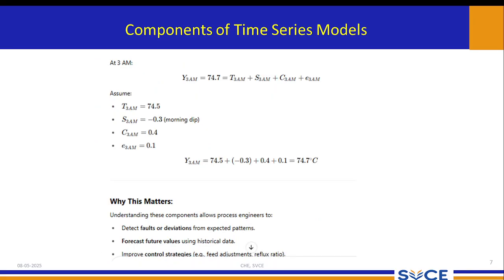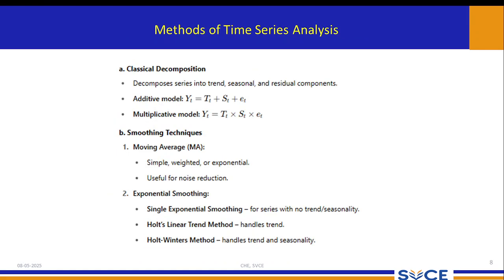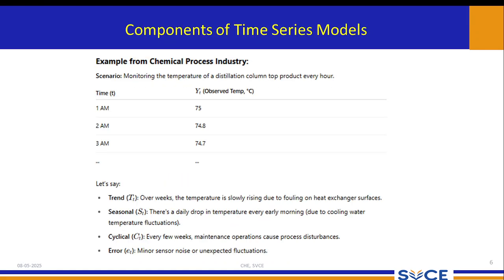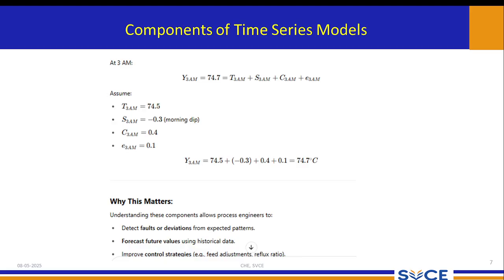When you see here at 3 a.m., the temperature is 74.7. But the 3 a.m. value is supposed to be assumed as 74.5. The seasonal variation is a morning dip of minus 0.3, and the irregular fluctuations, what you call cyclic behavior from maintenance operations, are 0.4, and the error is 0.1.